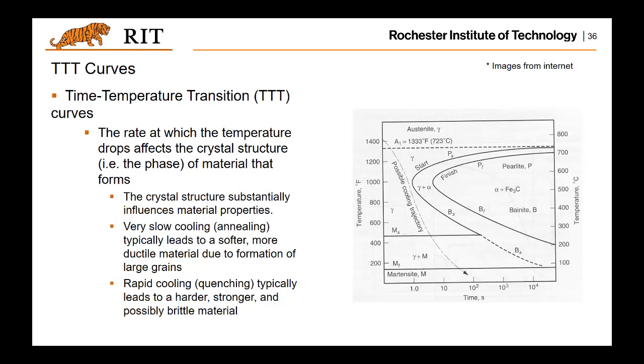So that is what you want to keep in mind. Depending on the application and the mechanical properties you would like the printed part to have, you can decide how you cool down the part, whether it's slow cooling or rapid cooling, right?